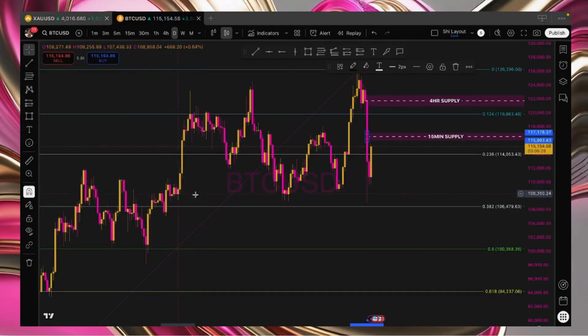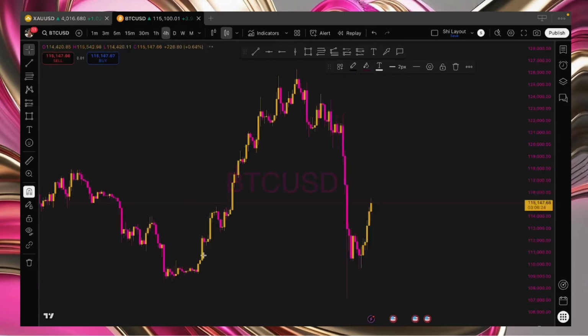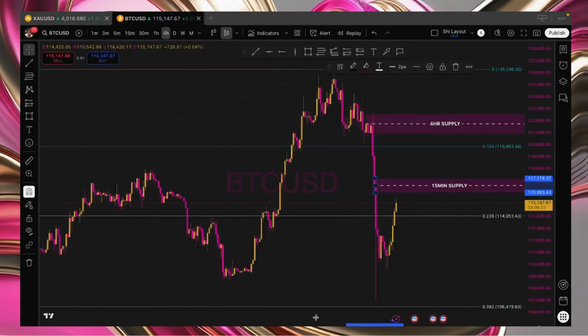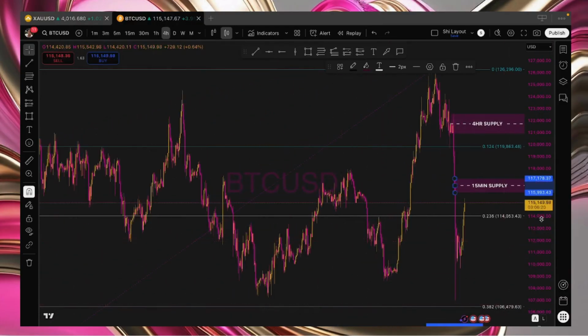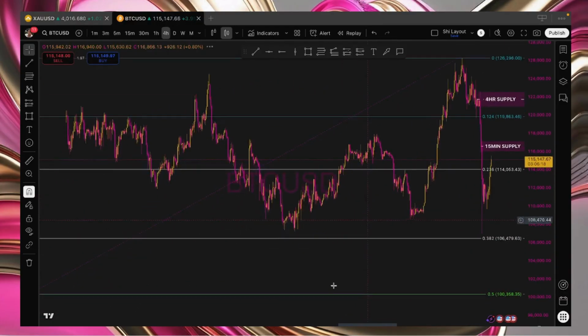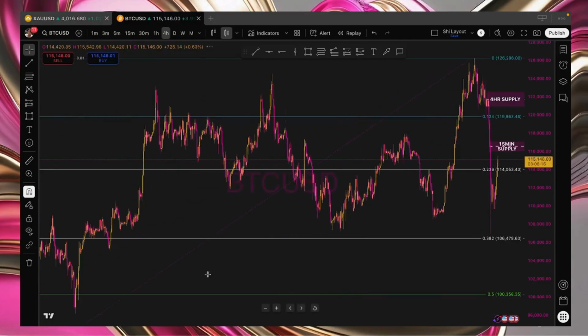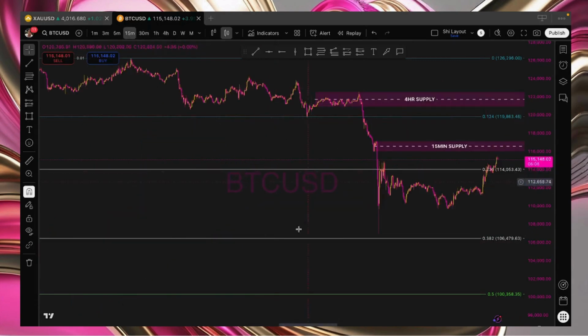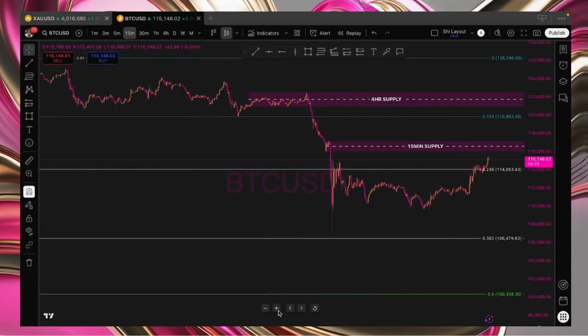Now this could be, and it's been tested several different times, right? So even if I go down to my 4-hour chart, I do see that we have a deeper zone, right? Which would be down here, and then we can potentially tap into this level. That's just my analysis.